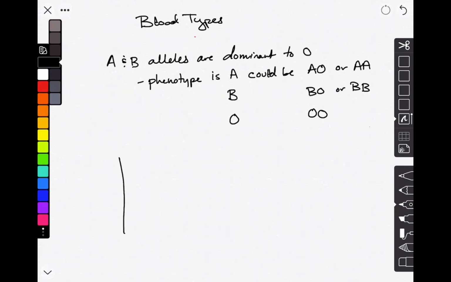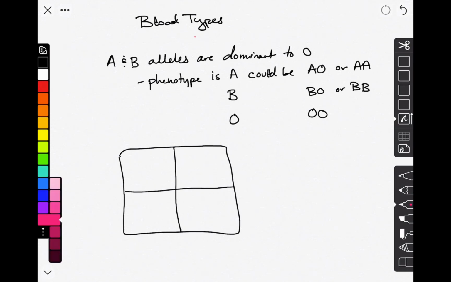So what does this do with heritability? Well, you get 2 genes from mom and 2 genes from dad. So let's pretend that mom is type AO and dad is type AB.